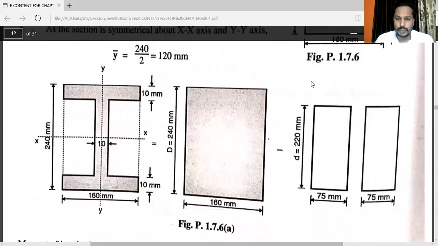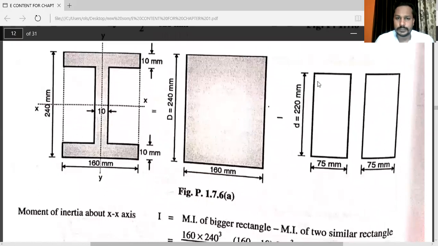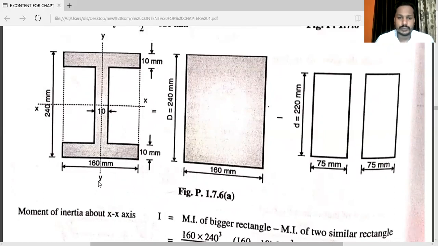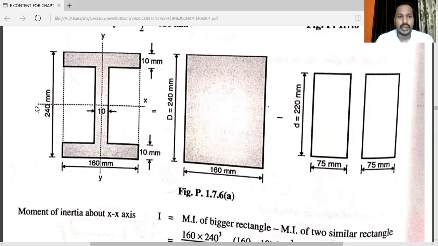Now our first step, you all are aware of the first step, is to calculate the centroid position, because from the centroid the horizontal x-x axis and the vertical y-y axis will pass. So if the diagram is symmetrical about this vertical center line and horizontal center line, then x bar and y bar will be 0.